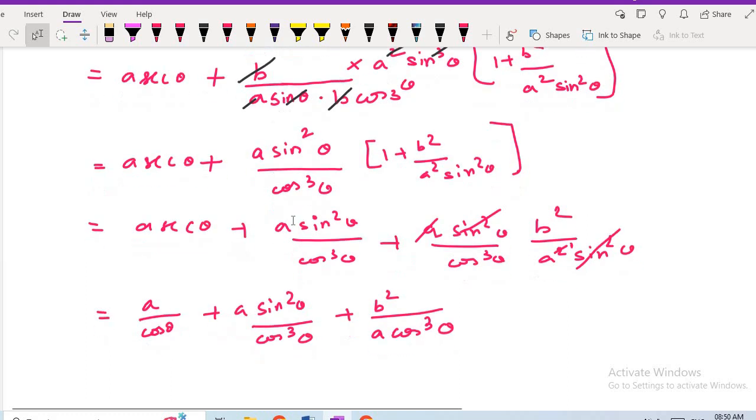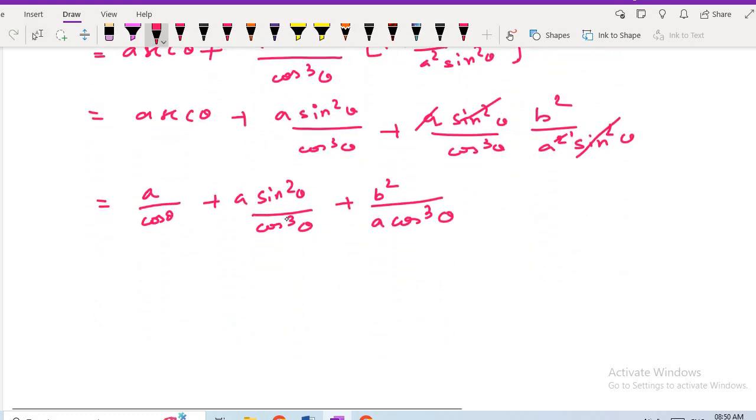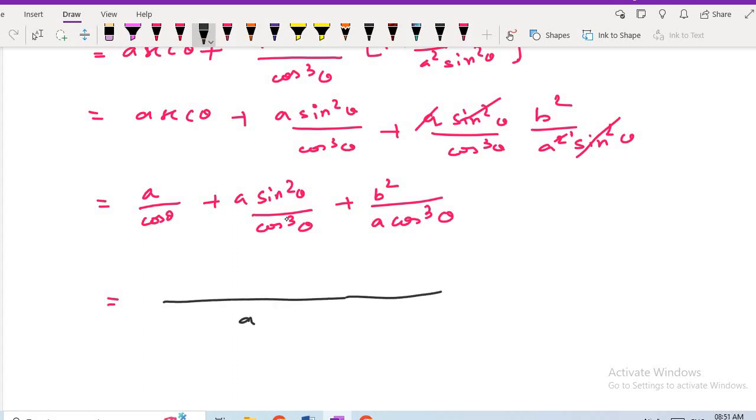So if we take the LCM, it is a cos cube theta. Here a is missing in the denominator, so we can multiply and divide by a. So we are getting a square, and then cos cube theta; here we have only cos theta, so we have to write a cos square theta.